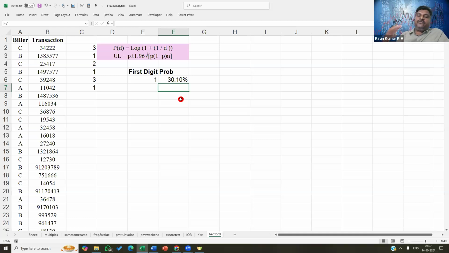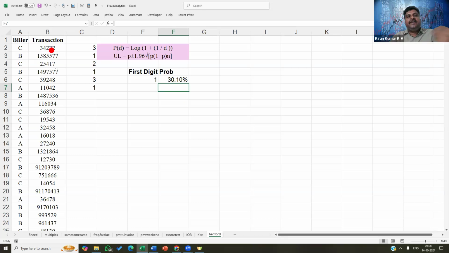This is true for any large data which is a result of random generation. For example, you can't take your Aadhaar number, take all the first digits of the Aadhaar number and say I will apply Benford's law. It doesn't work that way, right? It has to be numbers like transaction values, right? There's no logic why the transaction values are like this, correct?